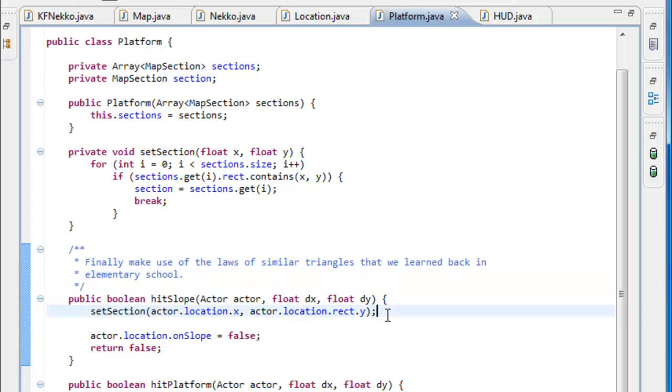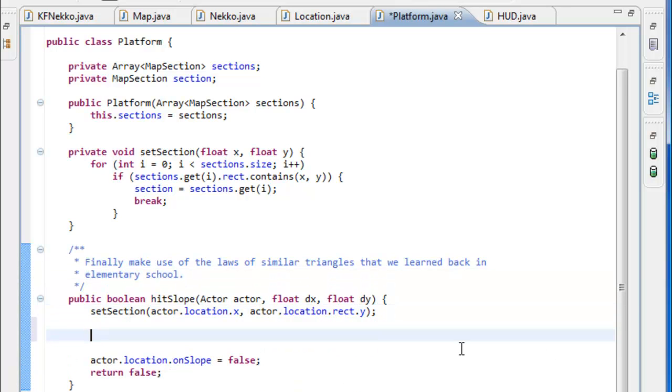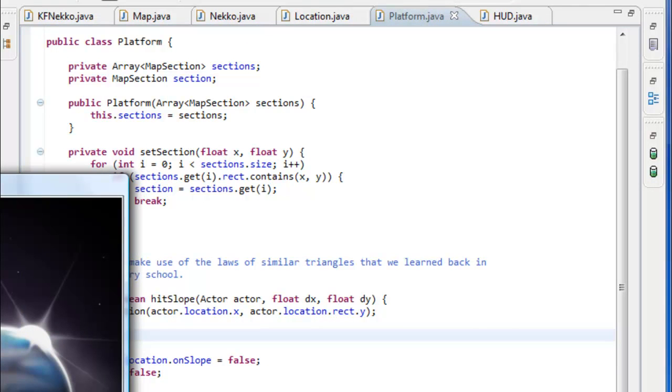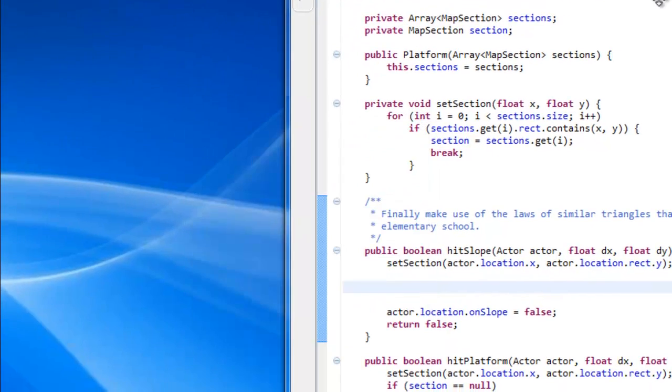Finally, some actual applications of the things that we learned. I think I should first illustrate, as usual, what we're going to do with GIMP here.